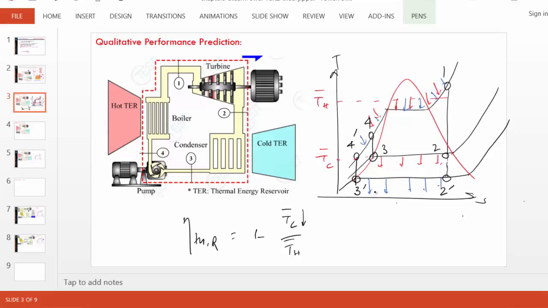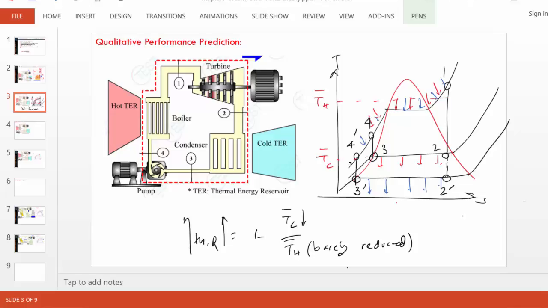If you look at it, every point of heat rejection has been lowered, whereas just a slightly lower temperature is added to the heat addition temperature. So in general, TH bar is barely reduced, whereas TC bar is reduced tremendously. And you can show that therefore thermal efficiency generally goes up.